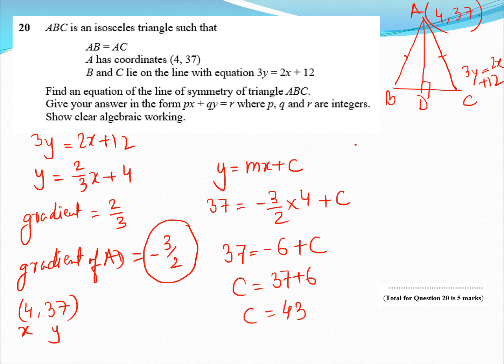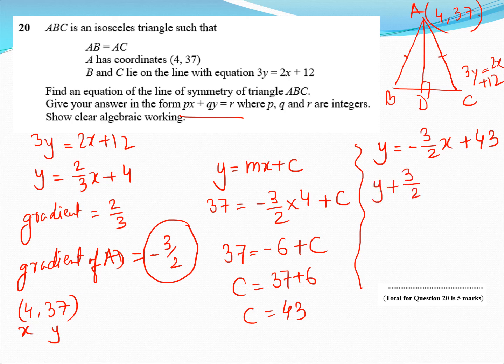So now the equation of the line is going to be y is equal to negative 3 over 2x plus 43. Now they said write the equation in the form px plus qy is equal to r. So I'm bringing the minus 3 over 2x to this side, so I've got y plus 3 over 2x is equal to 43.